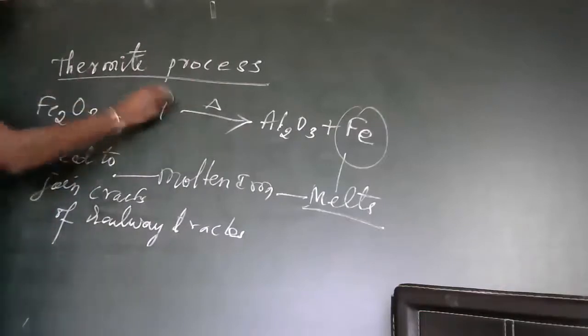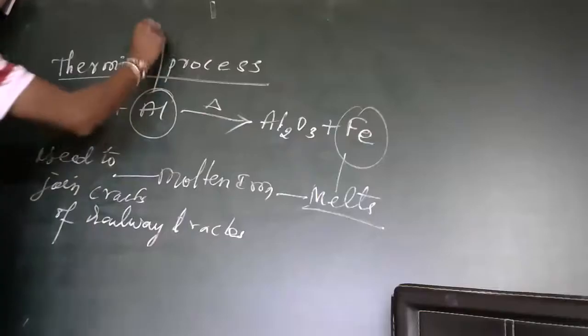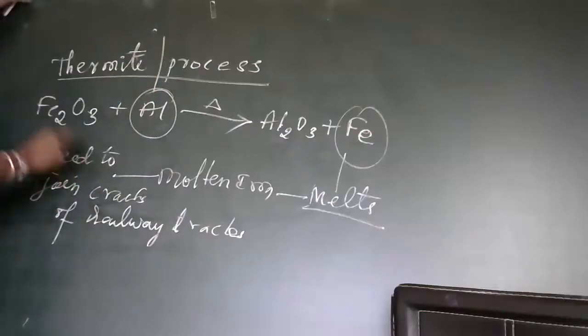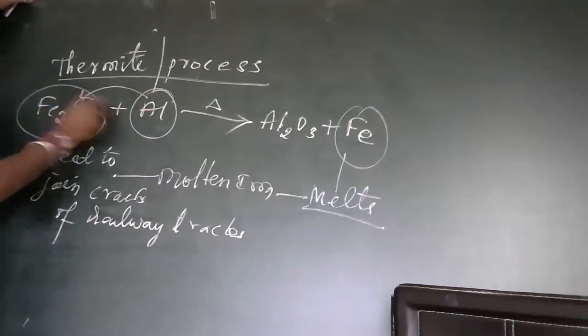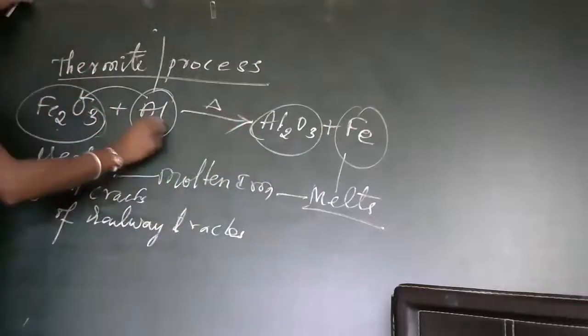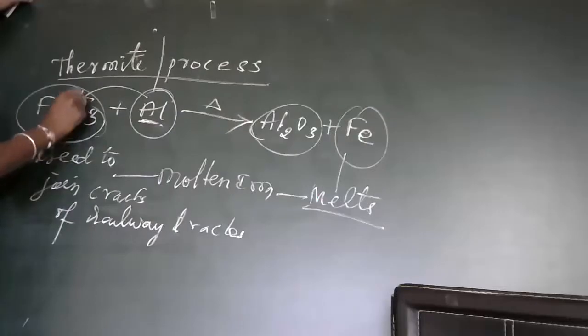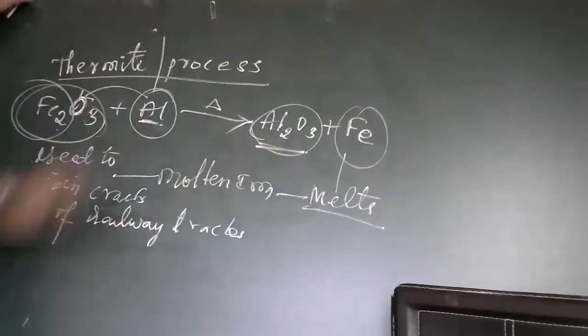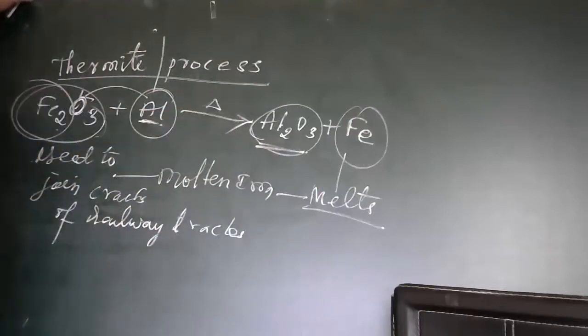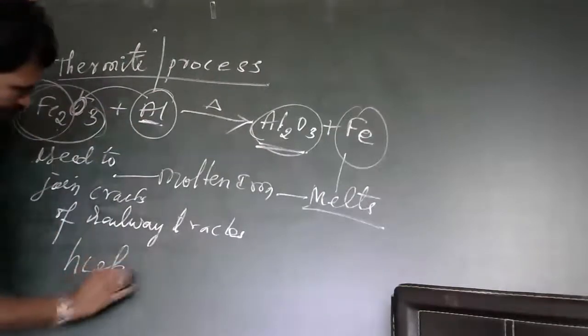Here, aluminum is a reducer, it acts as a reducing agent. It reduces the Fe. Aluminum reacts with oxygen to form oxide Al2O3, and Fe is reduced here. They separated. I told you this is a highly exothermic reaction.